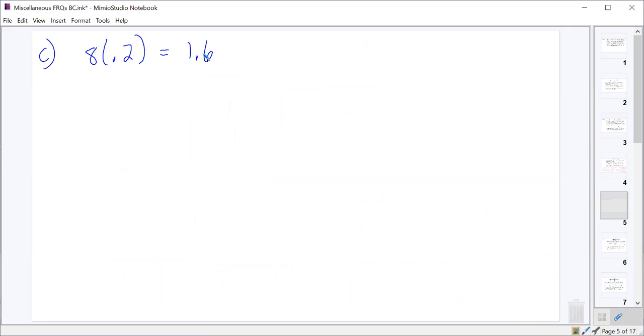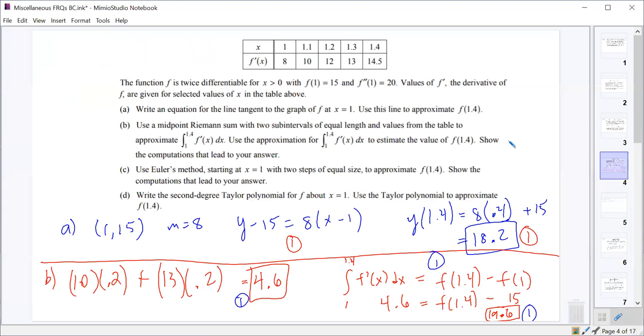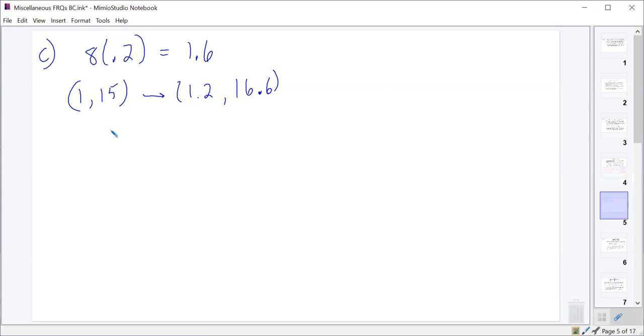And so our original value was 15, right? So our first point was (1, 15), which then tells us that our next point should be (1.2, 16.6). And then we'll use our slope at 1.2, which is 12. So we'll do 12 times 0.2, because that's our step again. So that should be 2.4.